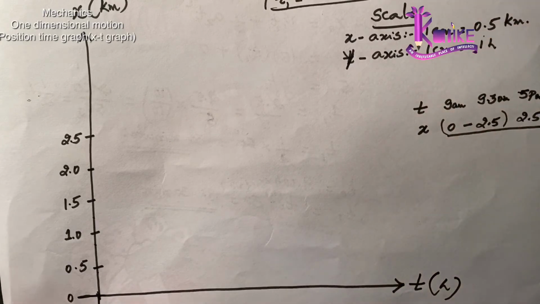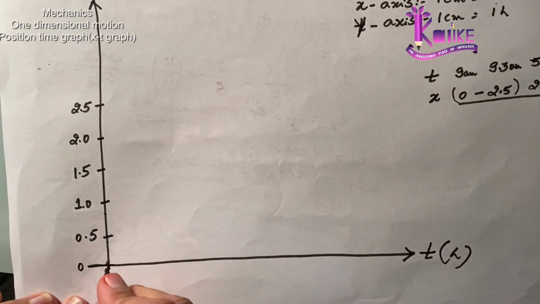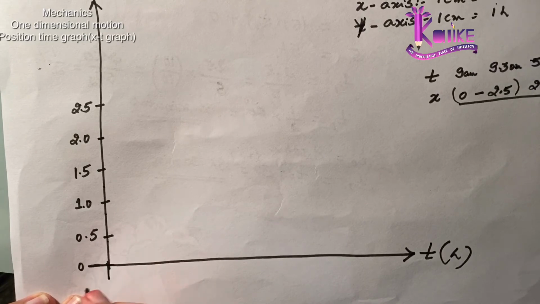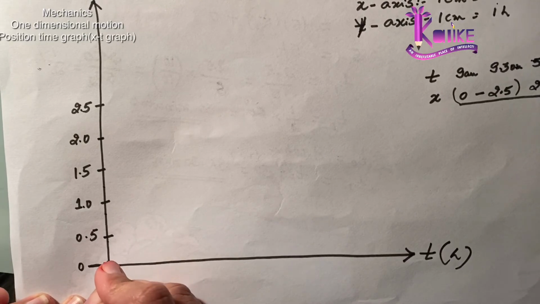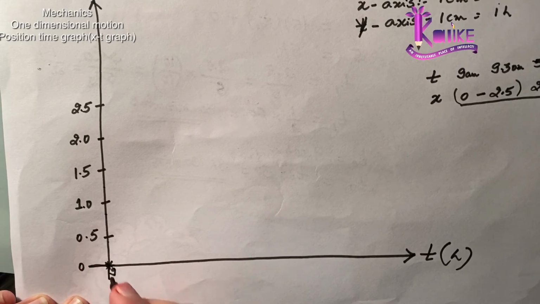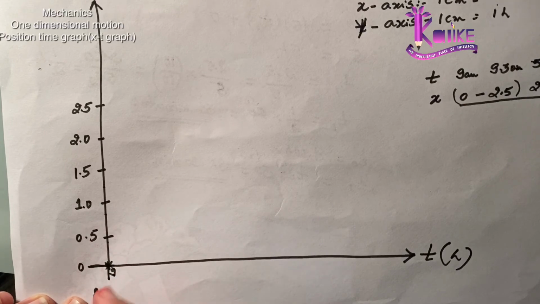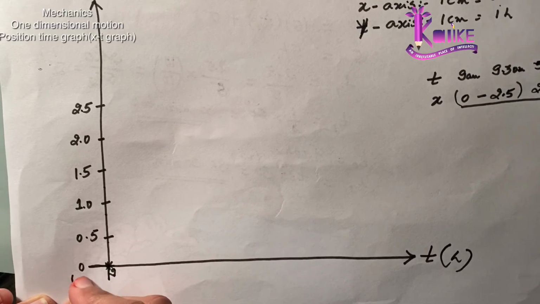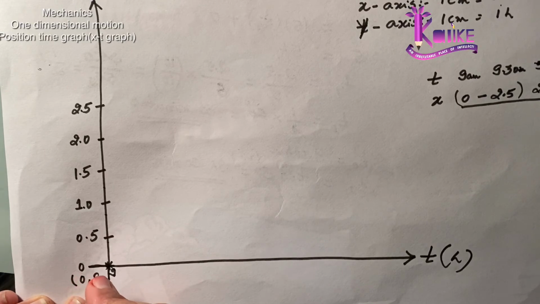but I will not start the origin from 0, I will take the origin on this axis as 9. So, I take this as 9 a.m. So, what are the coordinates of x comma y here? The coordinates of x comma y at the origin are 0 comma 9.